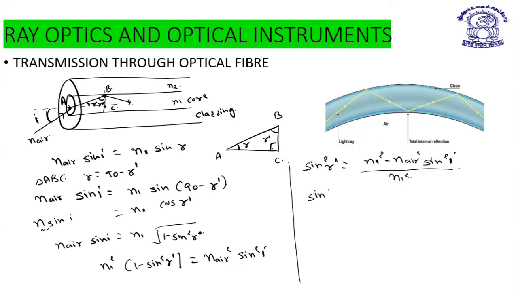So sine R dash, taking square root on both the sides, is under root N1 square minus N air square sine square I divided by N1.